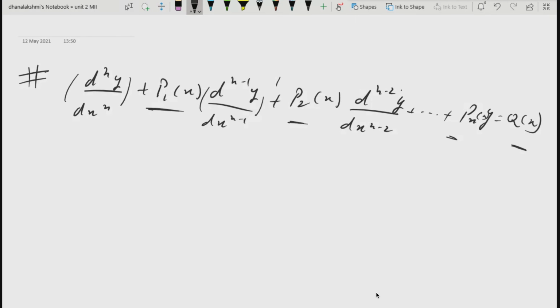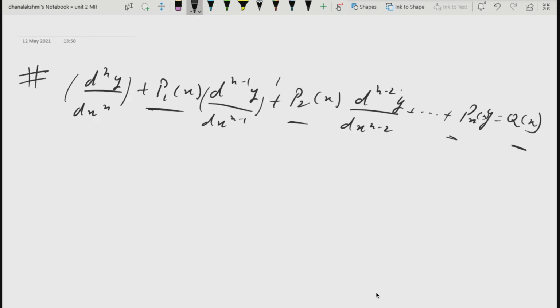And p1, p2, pn can be functions of x, as well as they can be constant also. Understood? Here all p and on the RHS you have q, they are all continuous and real valued functions of x. So such an equation is called a linear differential equation of order n.